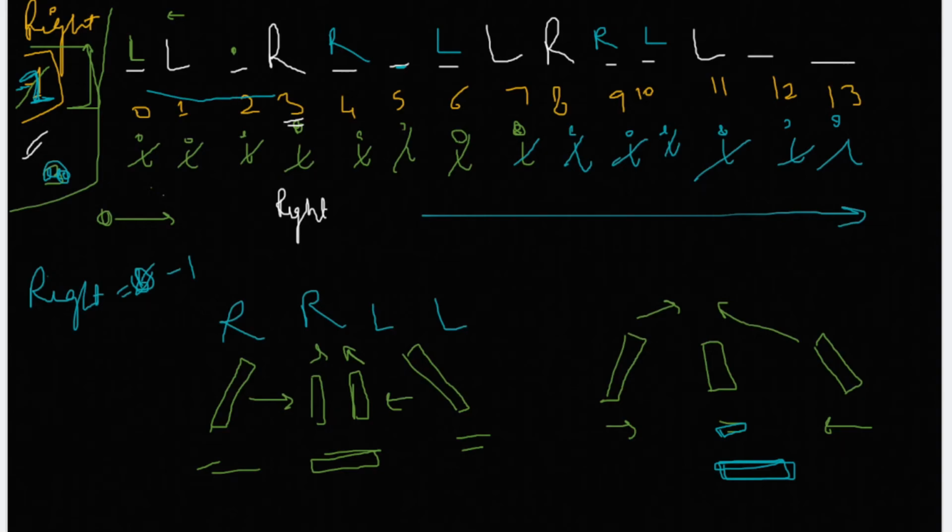So there is another case in which my right variable does not hold the value -1 in the end. What that means is that I have another position which holds a right domino somewhere around the end.